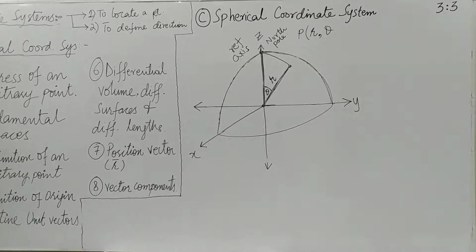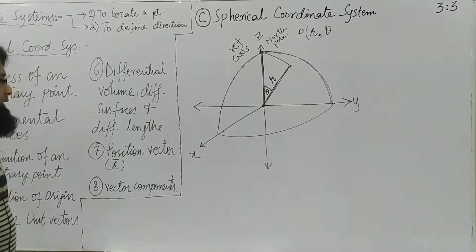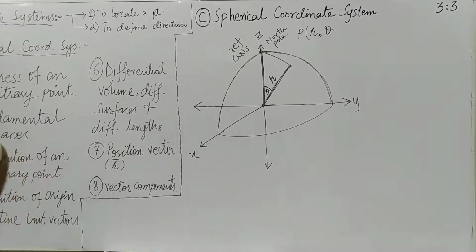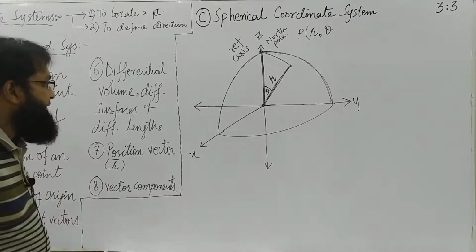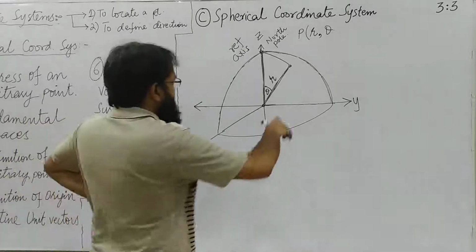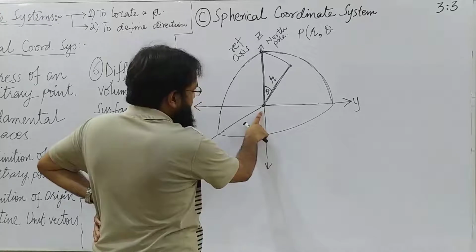Now this signifies that two coordinates are sufficient to reach a particular point in the spherical coordinate system. Okay, is that the case? No, it is not. Let's say you reach here and now you want to call your other friends from the core of the earth. What would you say?